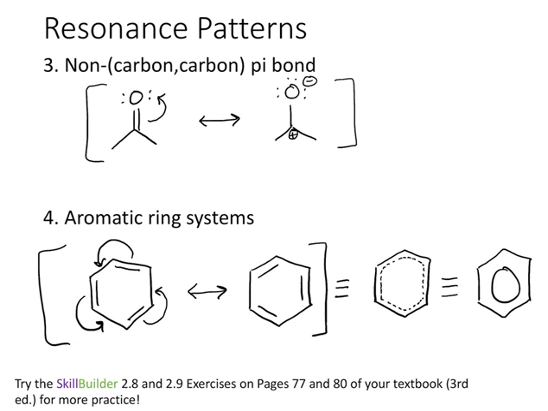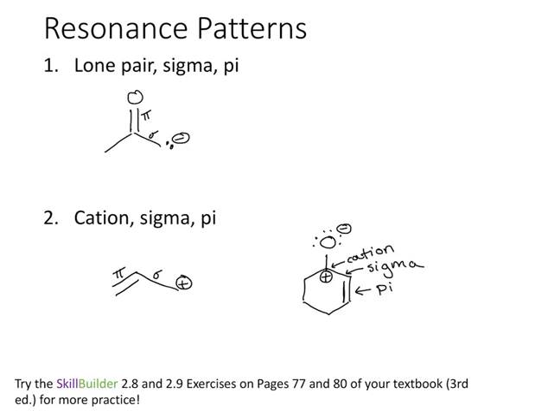All right, so these are the patterns to look for. Again, number one, a lone pair of electrons next to a sigma bond next to a pi bond. Number two, a cation, so a positive charge, next to a sigma bond next to a pi bond.